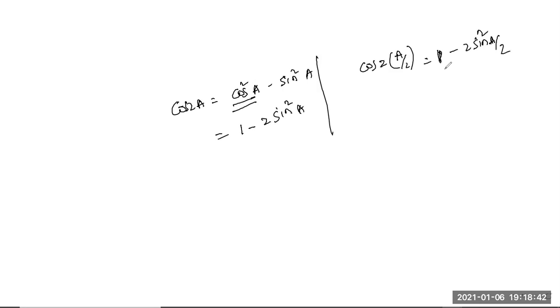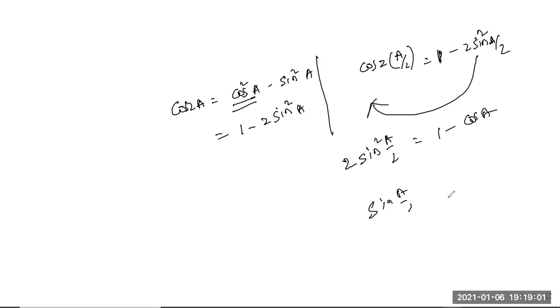So from this I can find sin a by 2. By taking 2 sin square a by 2 this side and cos a that side, I will get 2 sin square a by 2 is 1 minus cos 2 times a by 2, which is simply cos a. So sin a by 2 is square root of 1 minus cos a divided by 2.